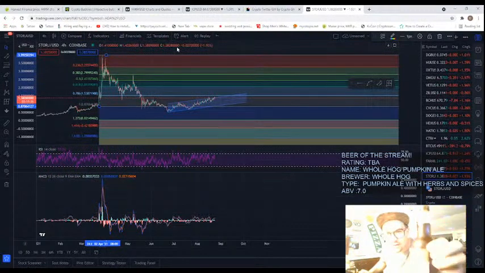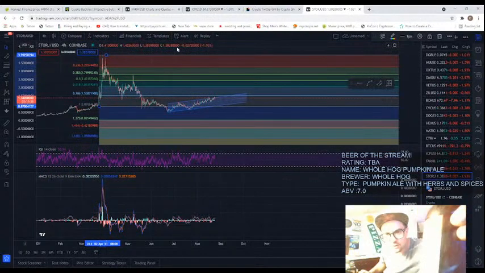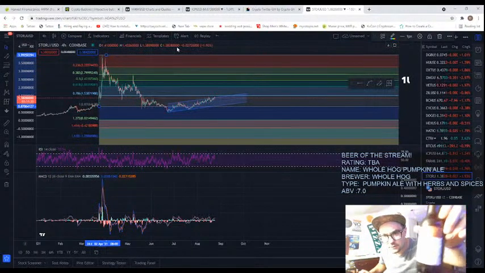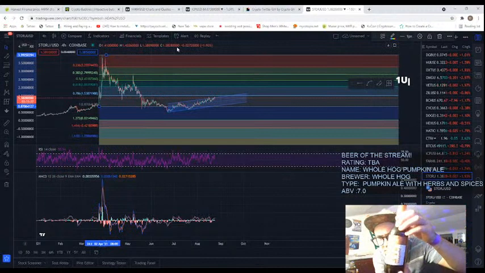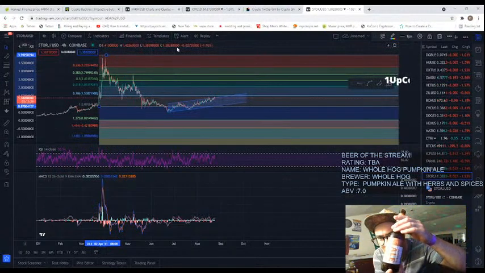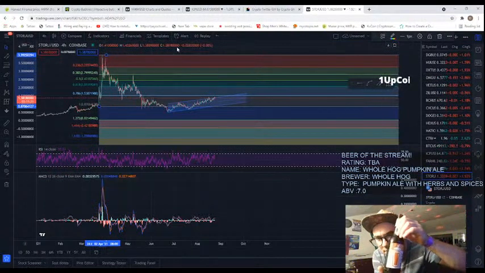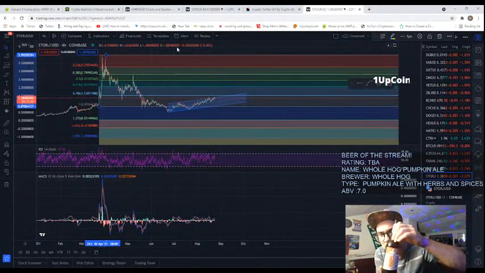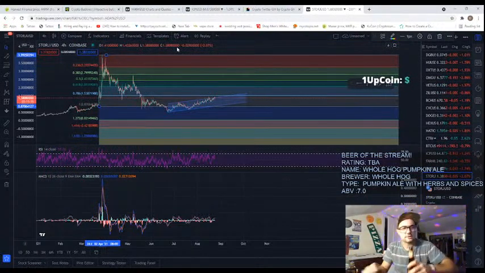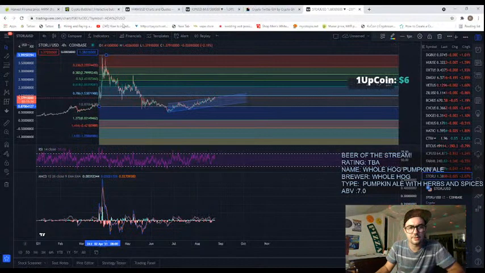Sorry about that, I'm trying to show you the label. Pumpkin ale, it's got a couple pumpkins on it, and it says Whole Hog. That's the brewer. It's really good.